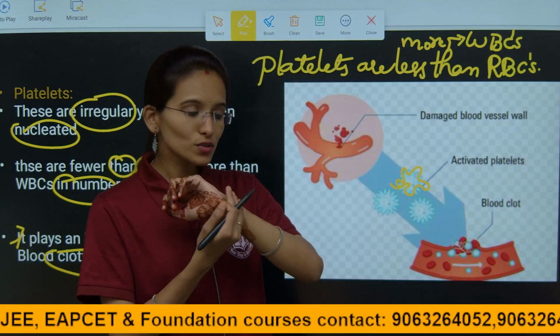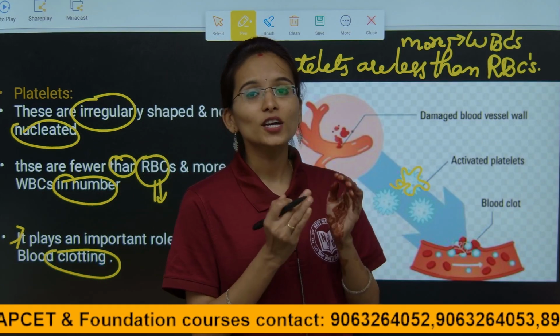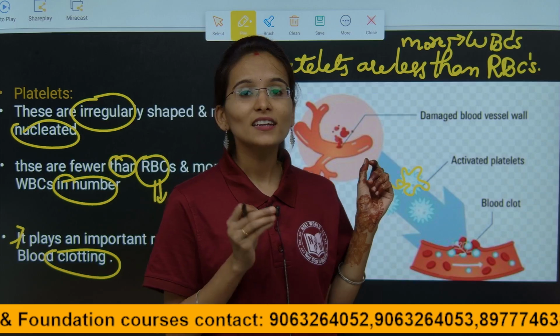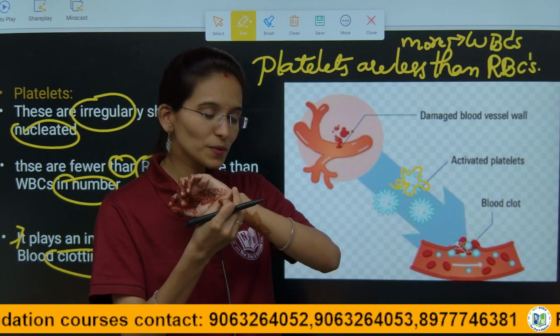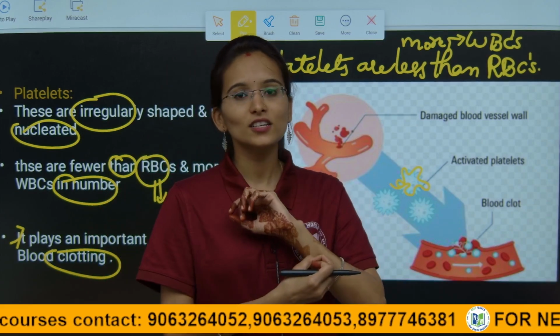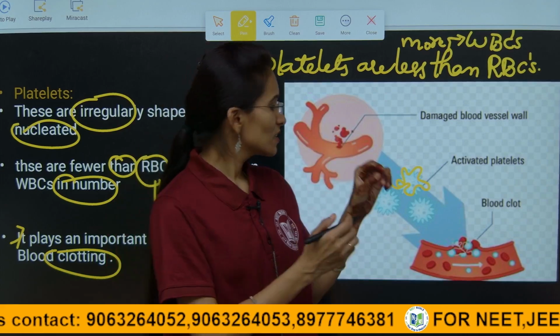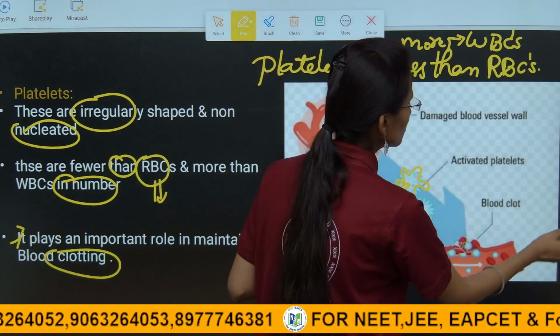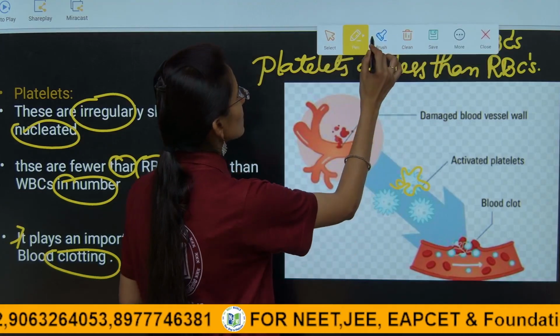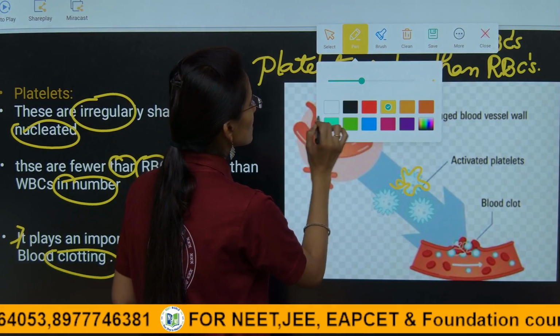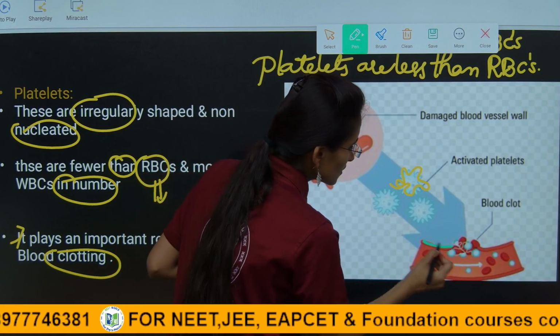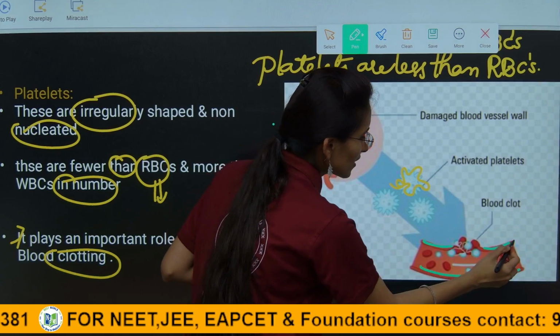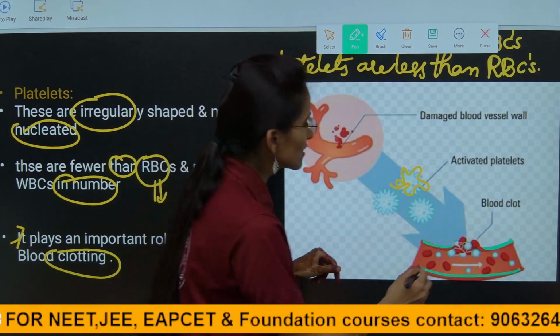So, to stop that flow of blood, there are specialized cells which occupy the particular injured site. Look into this diagram. Suppose this is the epithelial tissue. Imagine this is your hand, and here there is an injury.